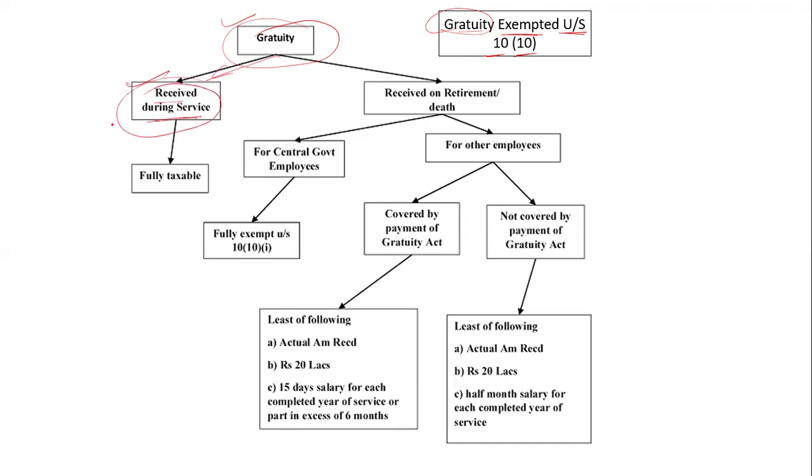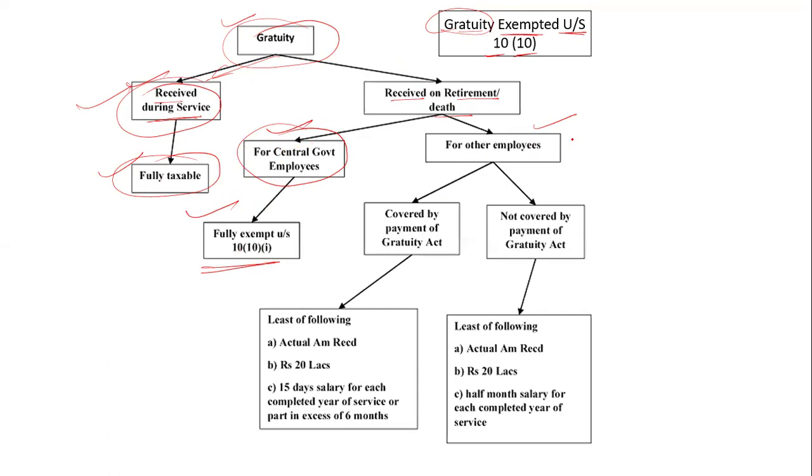If the gratuity is received during the service, then it will be fully taxable. If the gratuity is received on retirement, in that case there are two conditions: the employee may be a central government employee or government employee, or the employee is other than a government employee. In case the employee is a central government employee, then the full amount is exempted under section 10(10) in the gratuity.